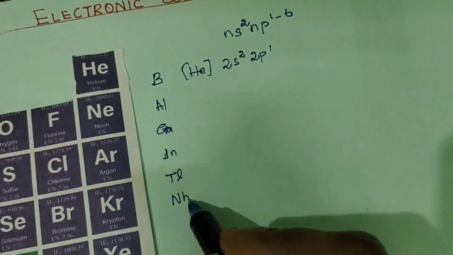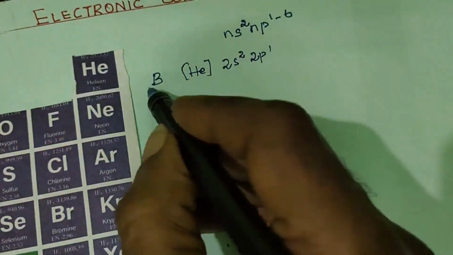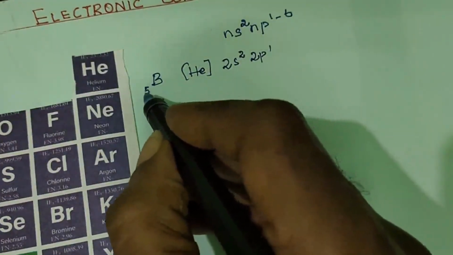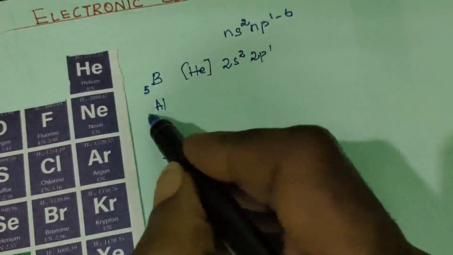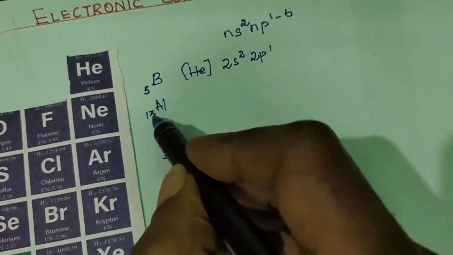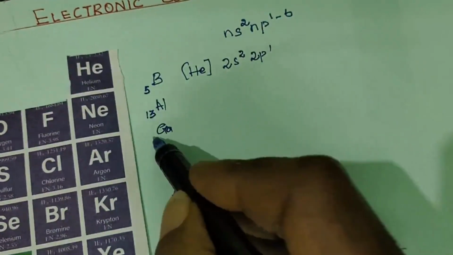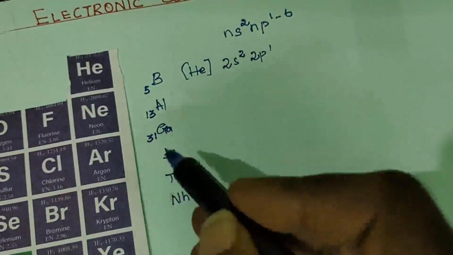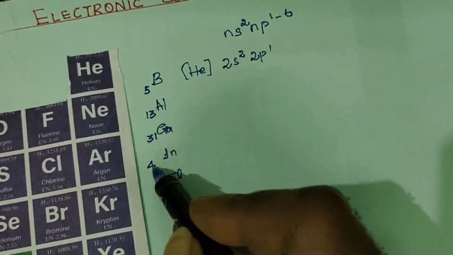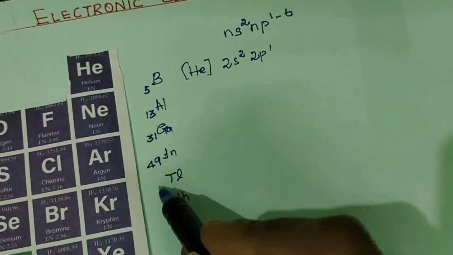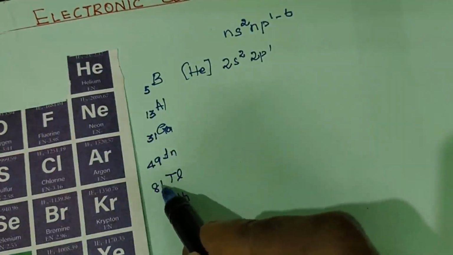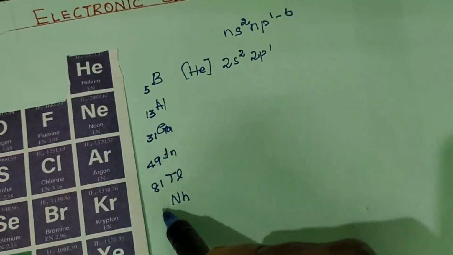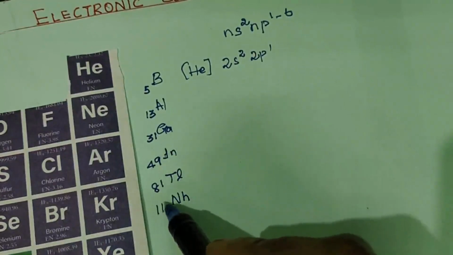Here the atomic number of boron is 5. To this add 8, then 13, then add 18, that is 31, then add 18, 49, then add 32, 81, then add 32, 113.